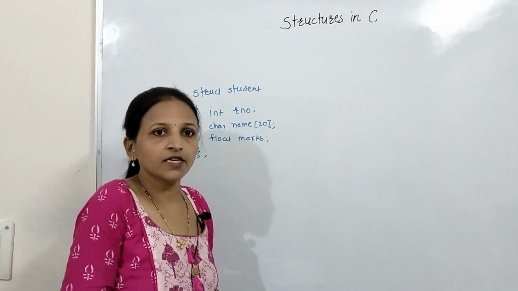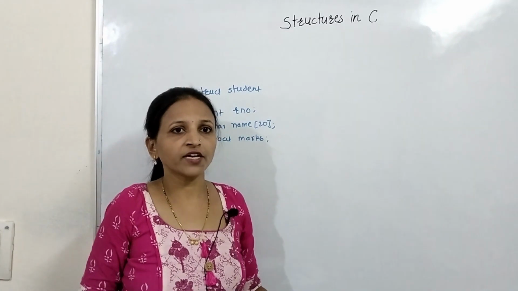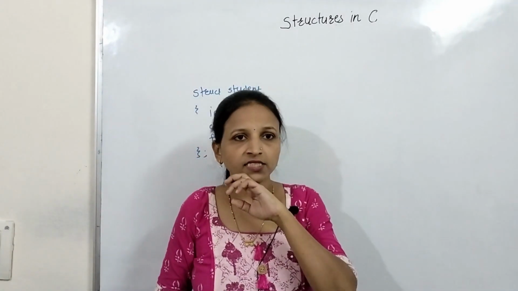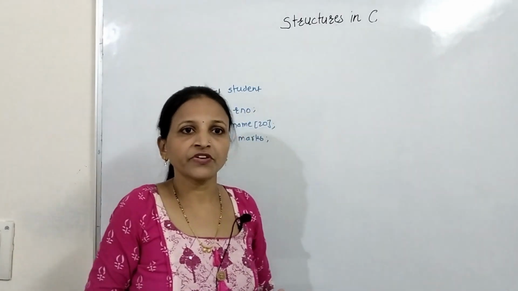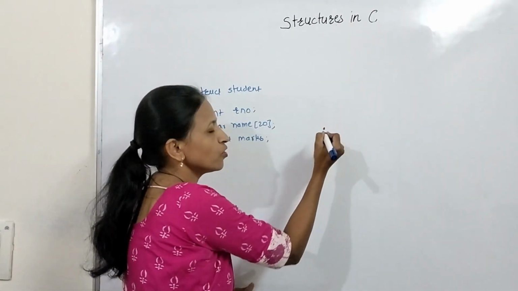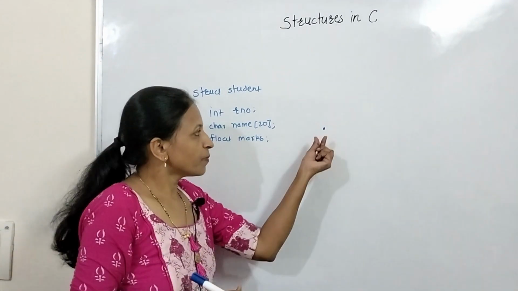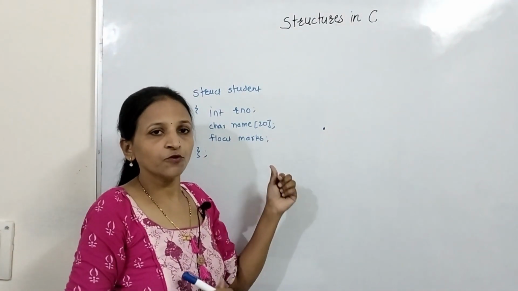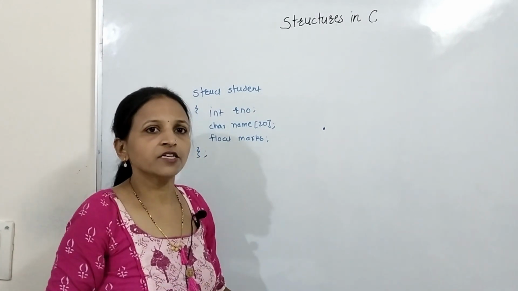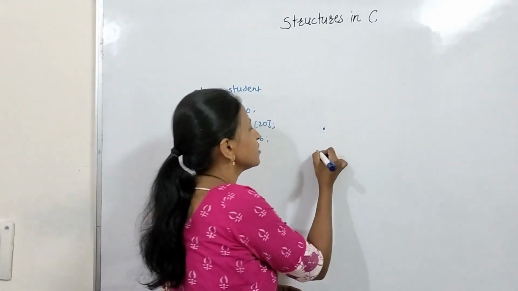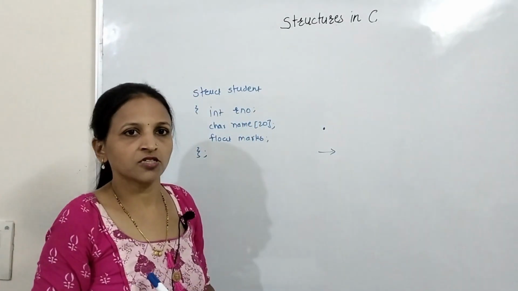You can use a variable of that data type just like a normal inbuilt data type. You can access individual members of that structure with the help of the dot operator. If you want to use a variable, then with that variable you can use the dot operator to access individual members. If you are creating a pointer of that structure type, then with that pointer you can use the arrow operator to fetch individual members of that structure.